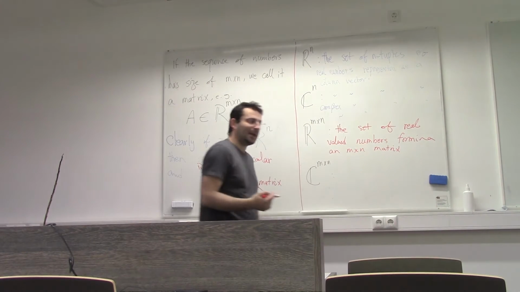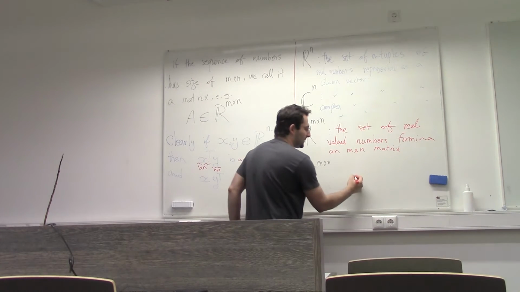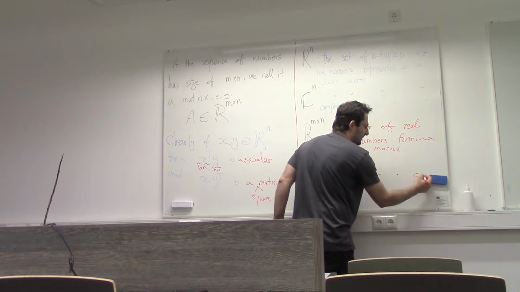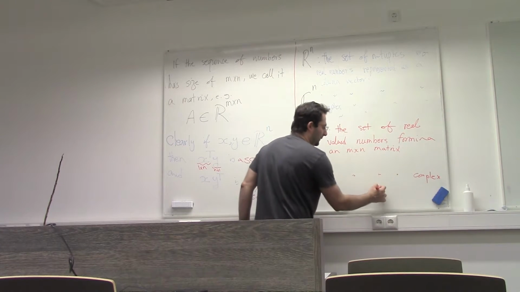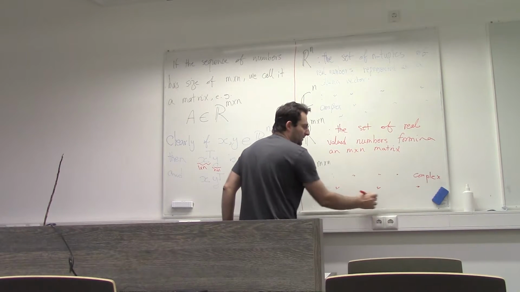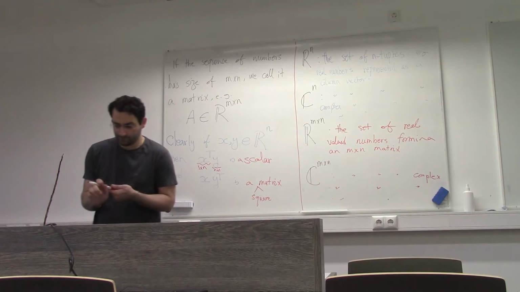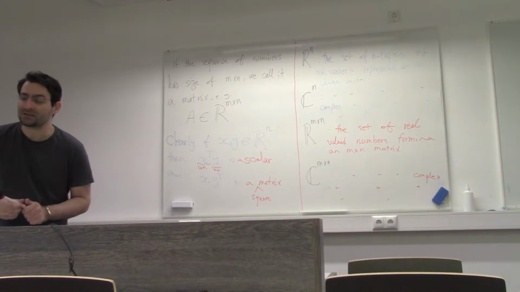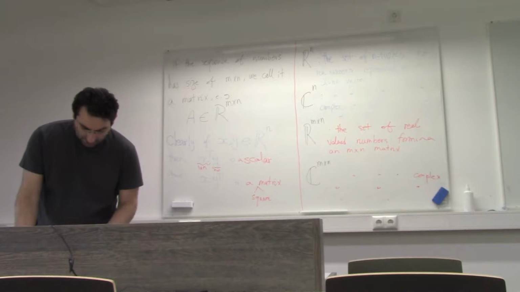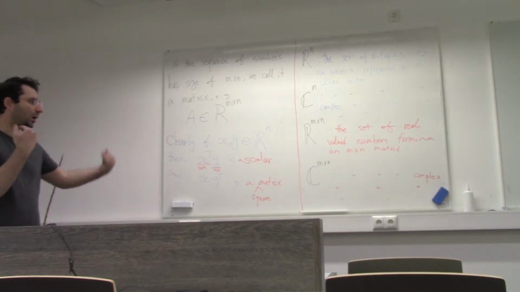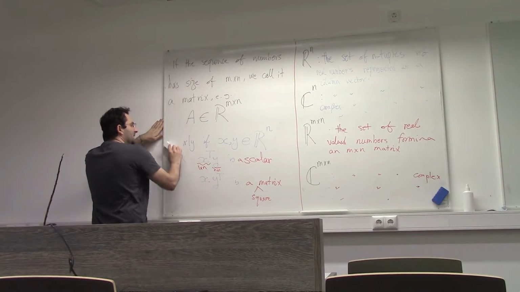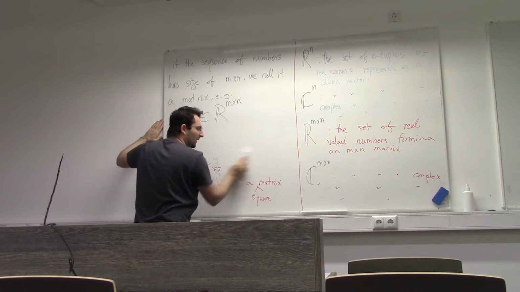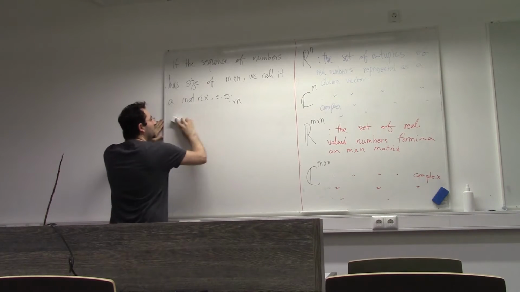And C^(m by n) is the set of complex valued numbers forming a matrix of m by n, right? There are two more notations which we will discuss in detail, including ways of calculating them, within this course, but we just want to know the notations, which is very useful.